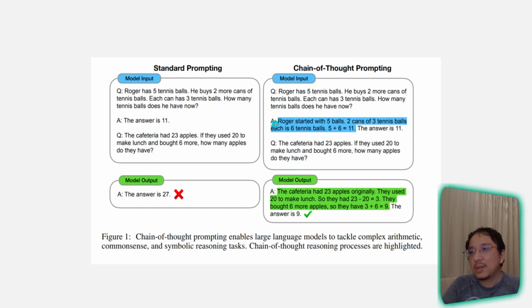It also gives the description of the reasoning process. The major finding of this paper is that by giving this example, it significantly increases the chance that the GPT answers correctly.